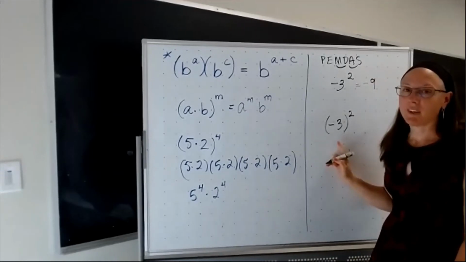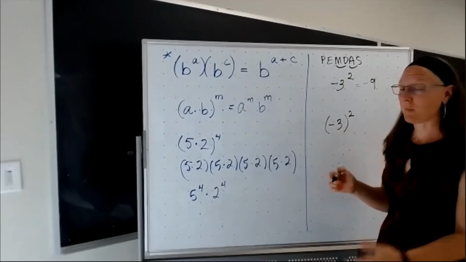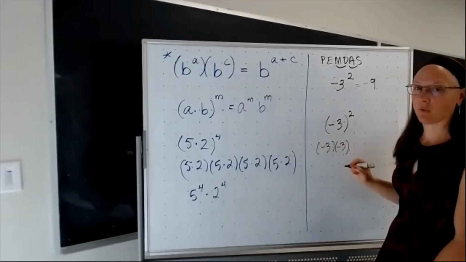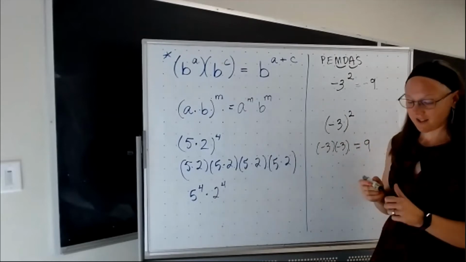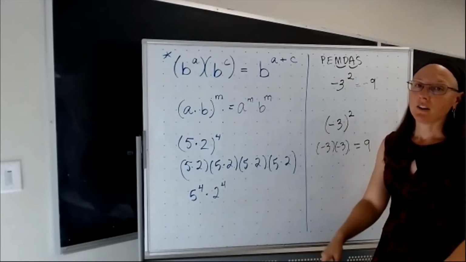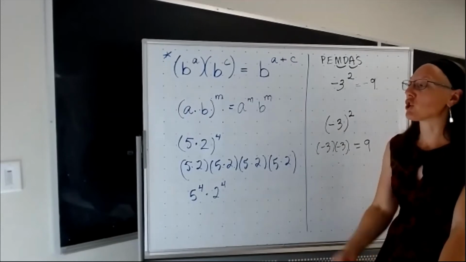For (-3) squared, we would use our exponent properties to say this is in its expanded form, -3 times -3. And -3 times -3 would end up with a +9. So I would say of all the exponent rules that people mess up the most when they're doing calculus problems, it is for sure this one.